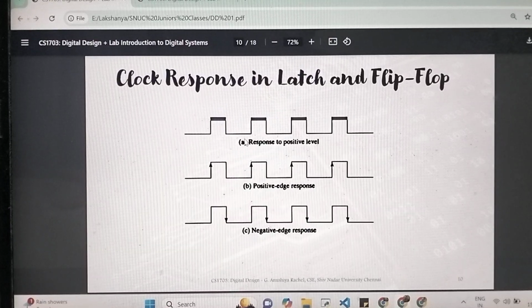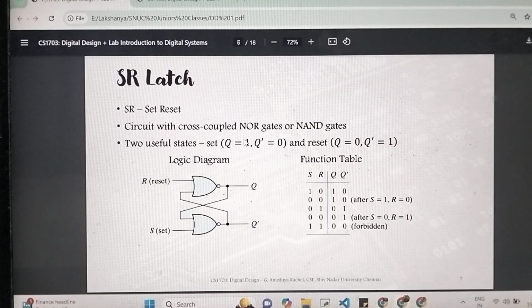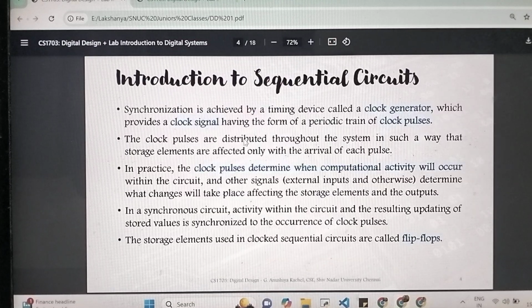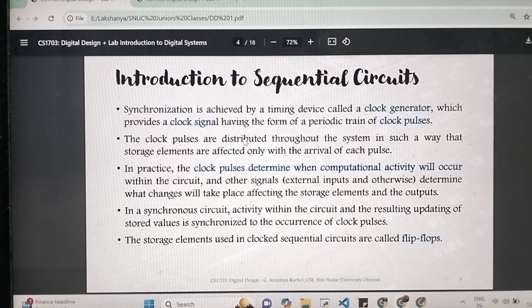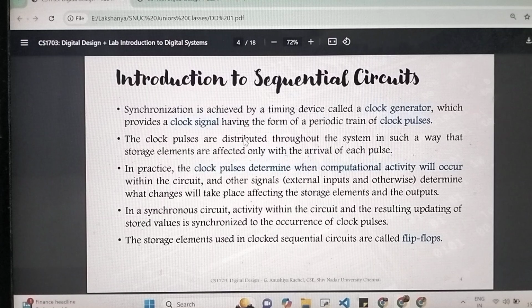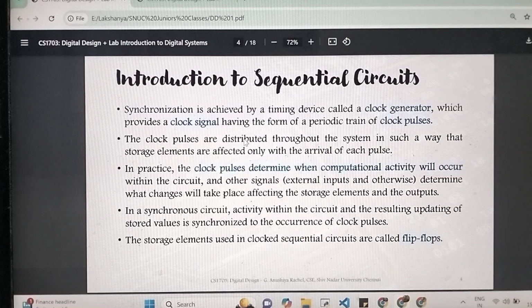Now what do I mean when I say the state transition happens in tandem with the clock pulses? Every time the clock moves from a 0 to a 1, the next state can be triggered. Or every time the clock comes back from a 1 to a 0, the change to the next state will be triggered.